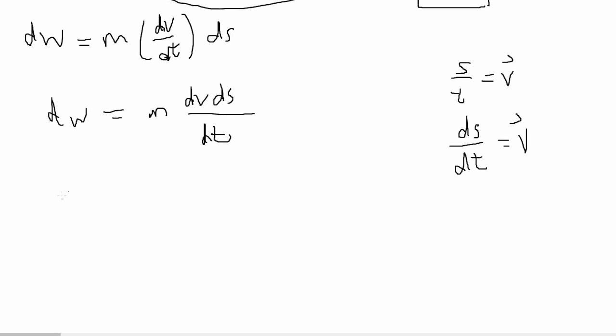So we'd have dW is equivalent to your mass times your velocity v times dv, right? Now this is when the integration comes in, because we have v dv and we have dW.